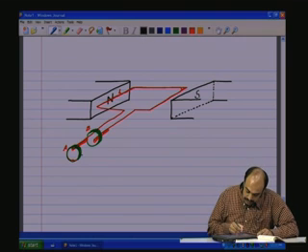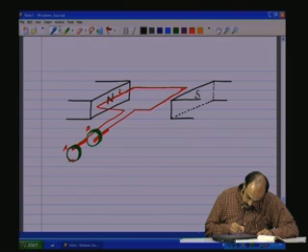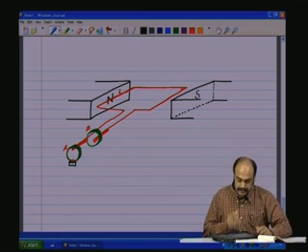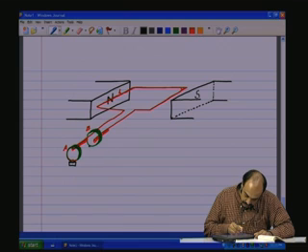And to these rings, let us add two carbon brushes like this, which are just touching these rings.